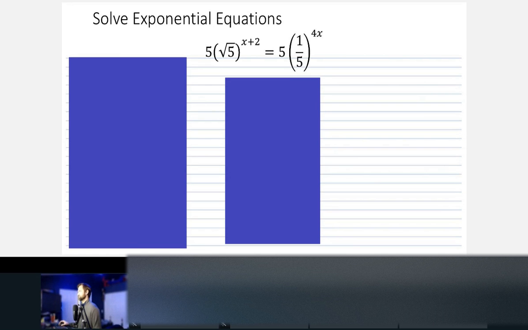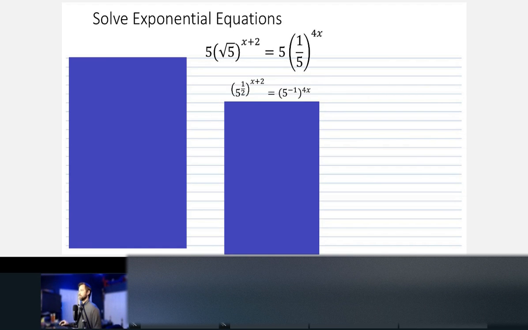Then what? Change 1/5 to 5 to the negative 1. Yes, we also do that too. Else? And we can also divide both sides by 5. Correct. Yeah, I did all 3 of those things in one step. So we divided both sides by 5. We changed the radical 5 into 5 to the 1/2 power. And then we changed that 1/5 to 5 to the negative 1 power.